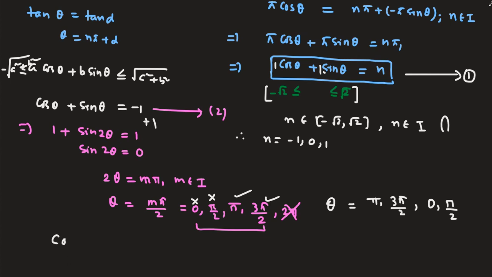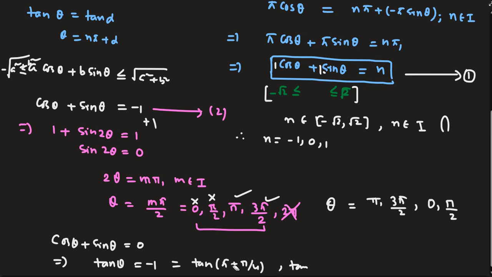From here we have tan theta equal to minus 1. That means theta is pi minus pi by 4, which is in the second quadrant, and 2 pi minus pi by 4.